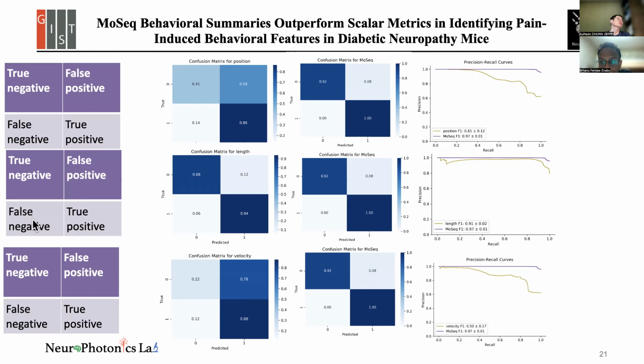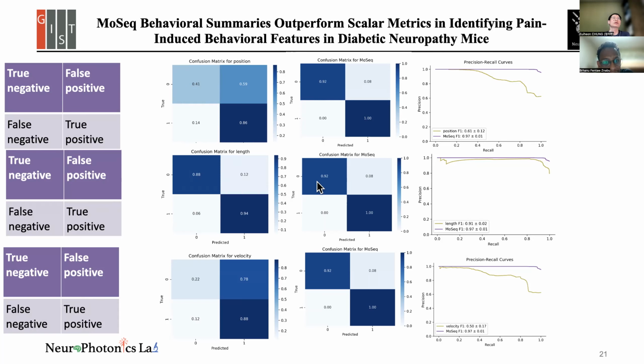Why are you doing this one or the same thing over here? This one we don't need; only one is enough. This is true negative, false positive, true positive.